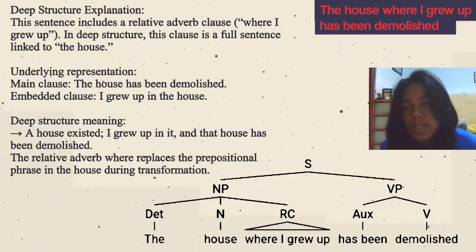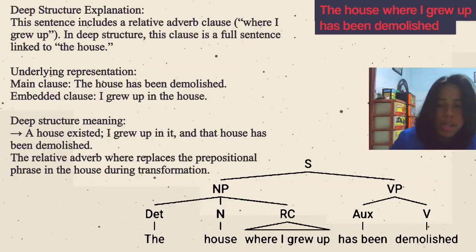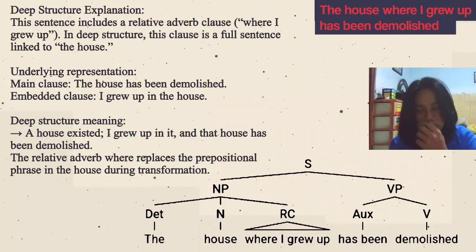For the last sentence, the house where I grew up has been demolished. Okay, so here's the structure of the tree. We have a noun phrase, the house where I grew up, and the verb phrase has been demolished, which is a passive sentence. First we break down the noun phrase. We have determiner the and the noun house, and we have RC to modify the noun phrase the house. Because it's a dependent clause, again, we don't have to break it down into smaller parts, but it's flexible.